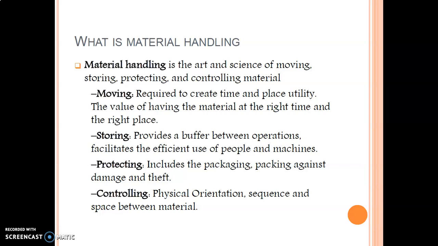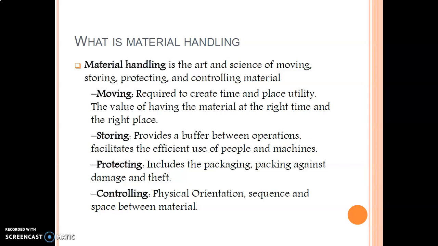Storing: provide a buffer between operations, and facilitate the efficient use of the people and the machine. So here storing is also important. Suppose you want to produce a component in large quantity, but you don't have raw material. Or suppose you have 2 to 3 days buffer stock. Now what will happen?